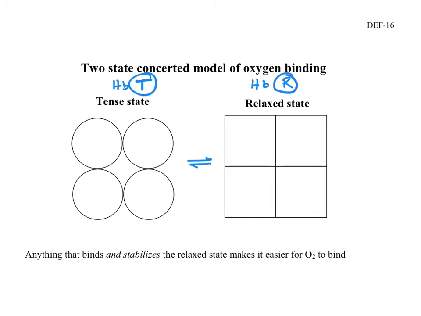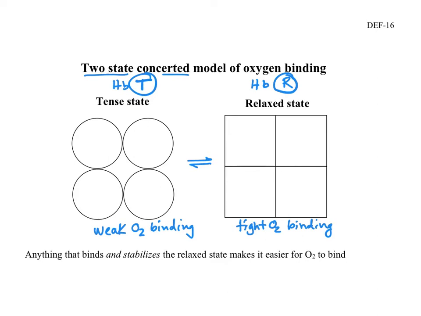Tense state is set up so that it has weak oxygen binding. And the R state is slightly different, and oxygen just sticks to it better. So we have tight oxygen binding. Now, that is the basics of what we call the two-state concerted model of oxygen binding to hemoglobin.